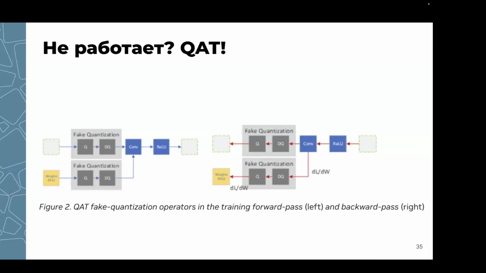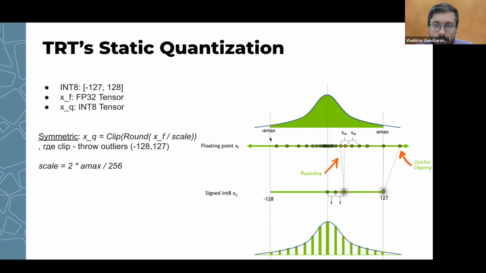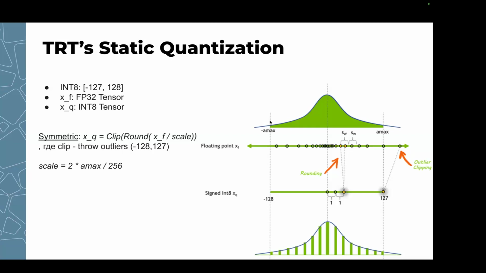Is this a distribution of, sorry, is this a distribution of parameter values on each layer, or values of outputs? I would say values of outputs. So if you have inputs and outputs, actually that thing.